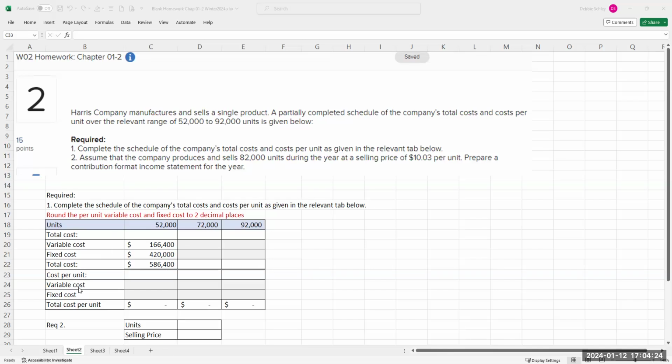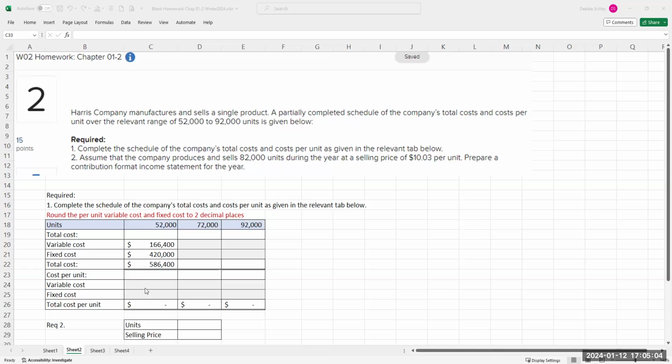Okay, so the way we're going to figure this out is, so again, remember, I have different numbers than you, and I copied this straight out of the book. So for my first column, I have 52,000 units, 166,400 variable cost. My fixed cost is 420,000 for a total cost of 586,400.